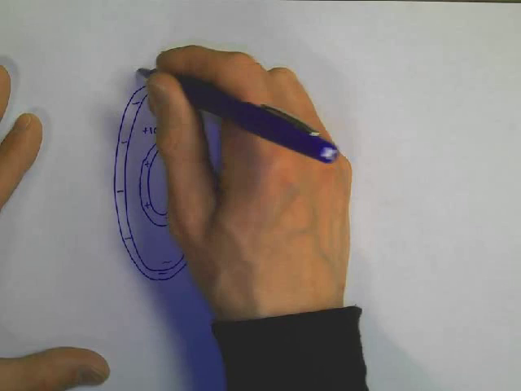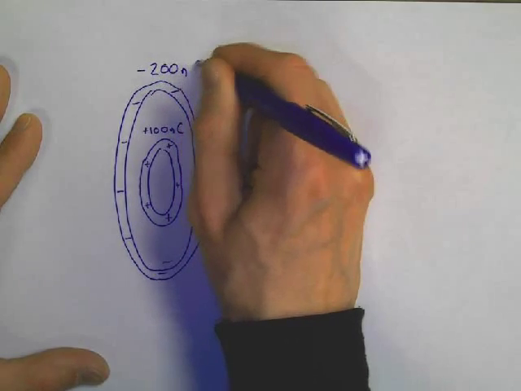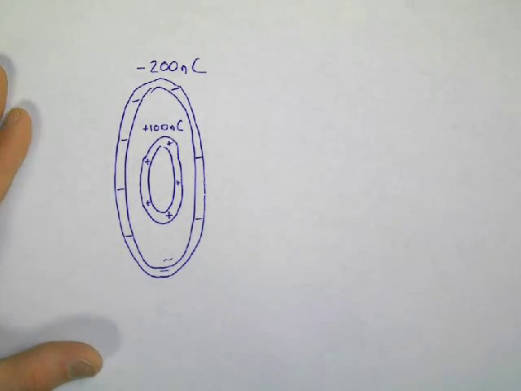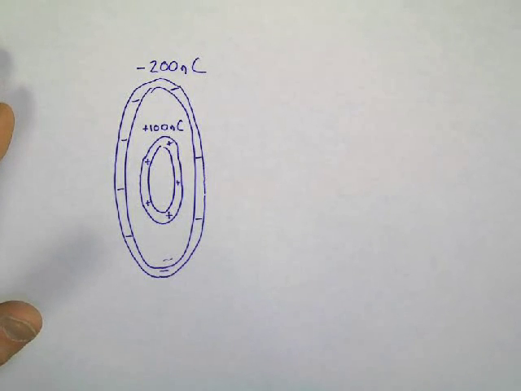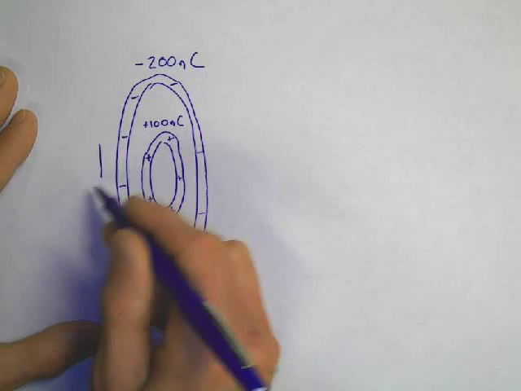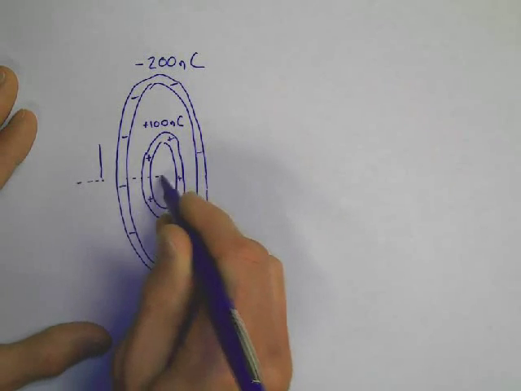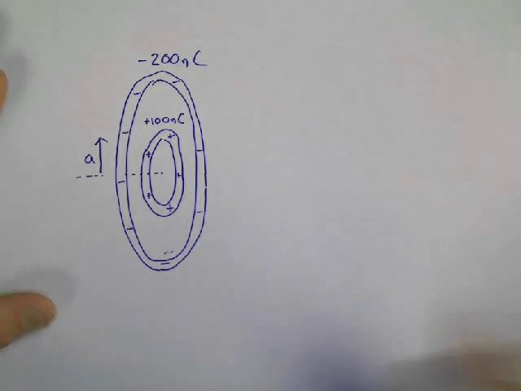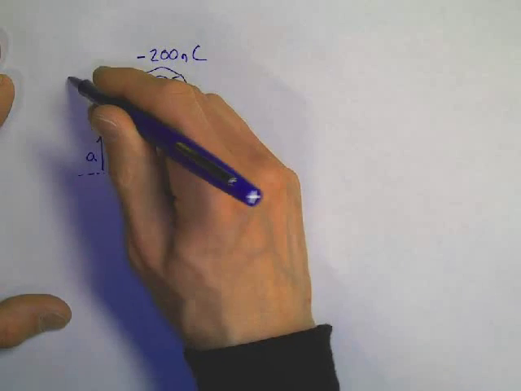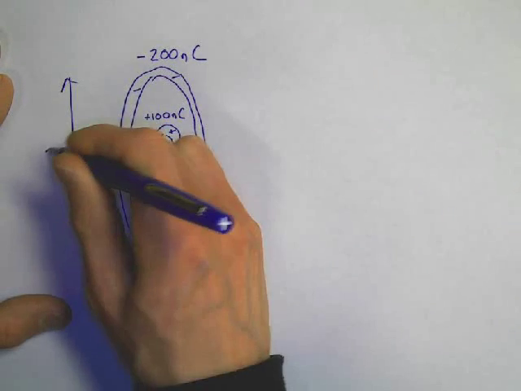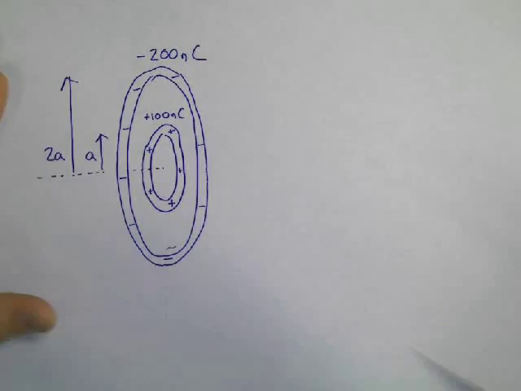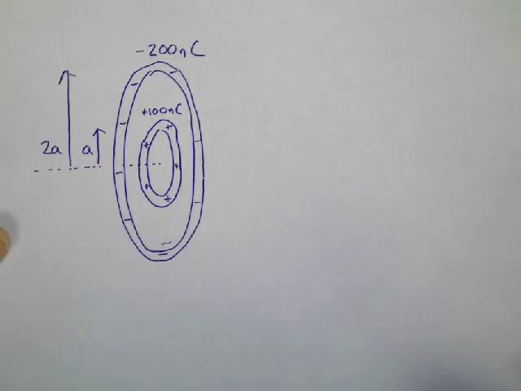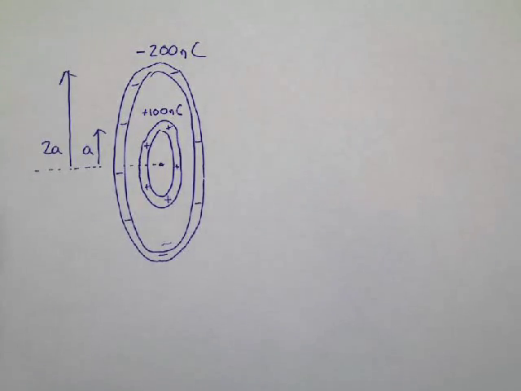And I'm going to make that negative charge negative 200 nanocoulombs. All right, so it has twice as much charge on it spread around. Now, for the radiuses of these rings, let's make the inside radius equal to A, and let's make the outside radius twice as big. Okay. And of course the rings are both centered together, they're concentric.